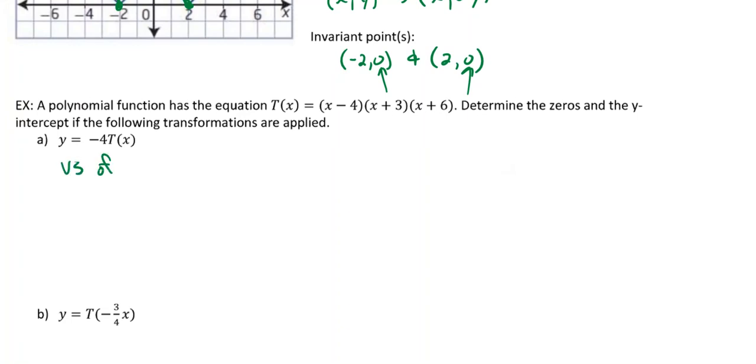Yeah, you could say vertical stretch of 4, and then a vertical reflection about the x-axis. But it's up to you. If you want to save time, I'm okay if you say vertical stretch of -4, because they're really the same thing. I'm just multiplying everything by -4, and that'll still reflect it. So either one.